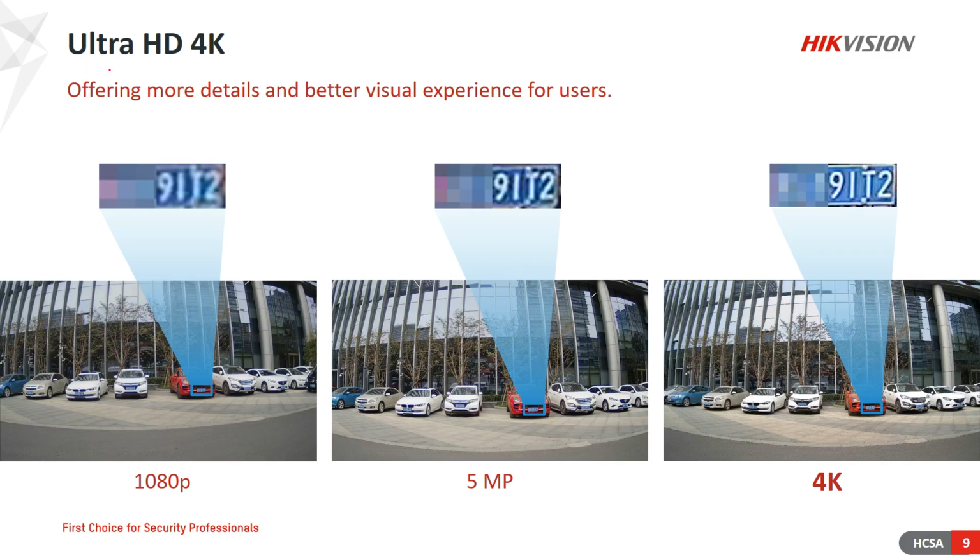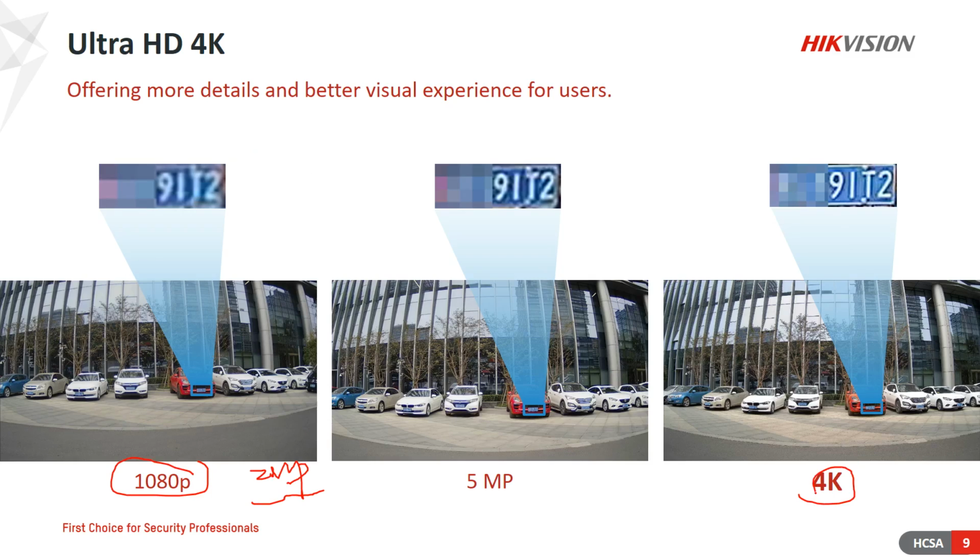And for the Ultra HD 4K, nowadays the higher the resolution, the more popular it becomes. Previously it was like 1080p, which is 2 megapixel. So if we zoom in, if we enlarge the picture, it will be a little bit blurred.